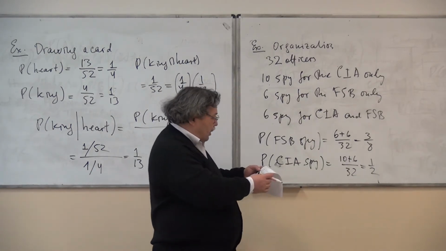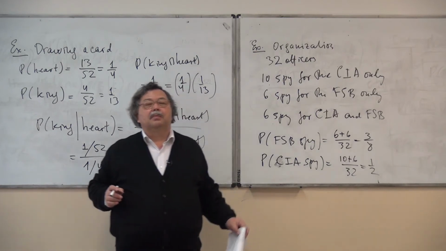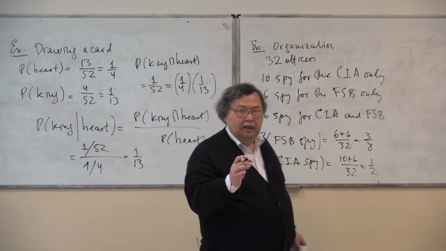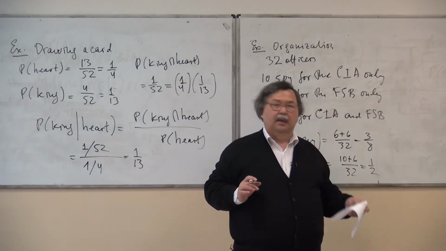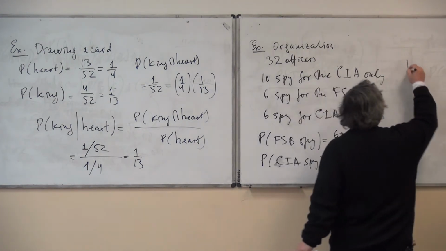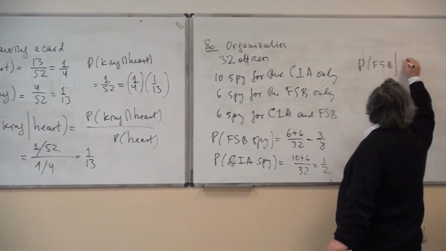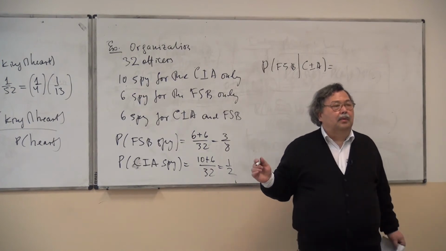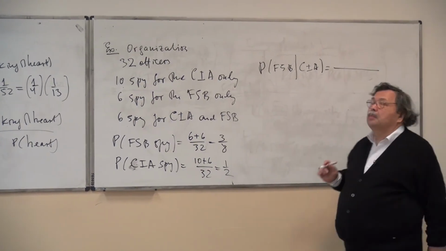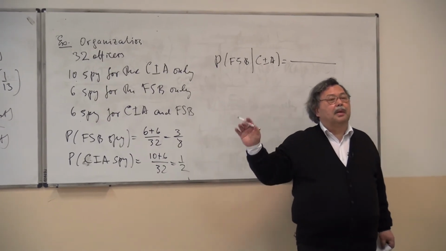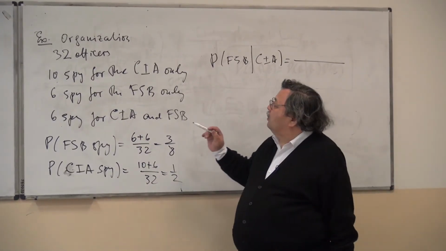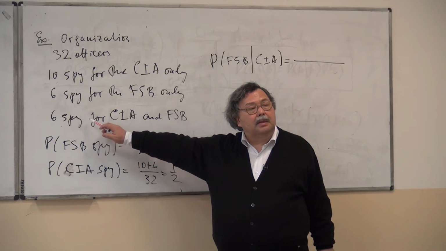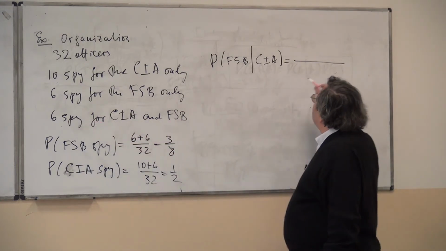Okay, now let's ask this question. What's the probability that this randomly chosen officer spies for the FSB, given that he or she spies for the CIA? Conditional probability: FSB given CIA. We apply the formula. The numerator is the probability that this person spies for both agencies, and is computed by dividing the number of members in this intersection, which is 6, by 32.